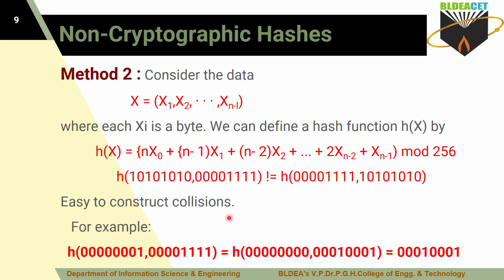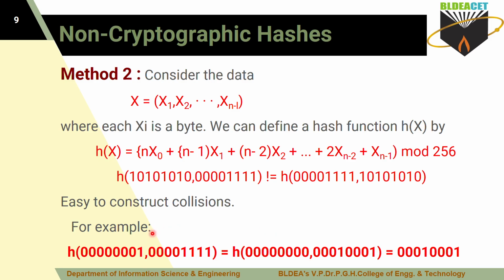But one more resistance is there, which is one of the major properties of a cryptographic hash. What is that? Strong collision resistance. Strong collision resistance tells us that if you take two different inputs, the hash values you get must be different.